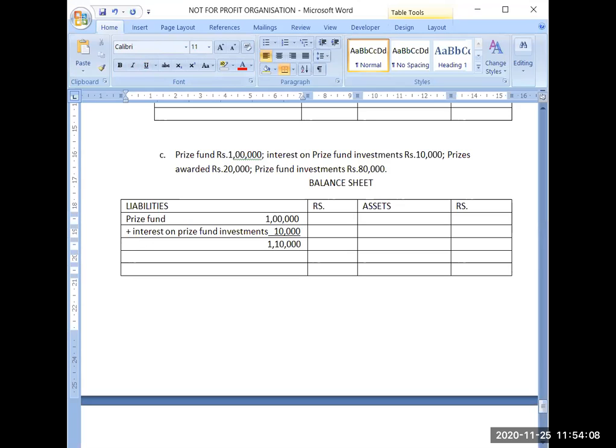Now prizes awarded are 20,000. Prizes awarded will be the expense of this fund, so ultimately we will subtract them. We have awarded prizes for rupees 20,000, so we subtract it.